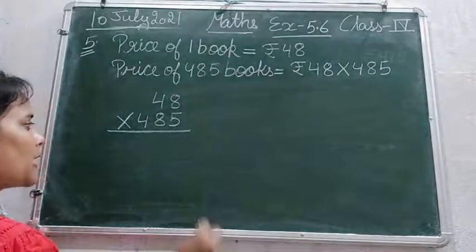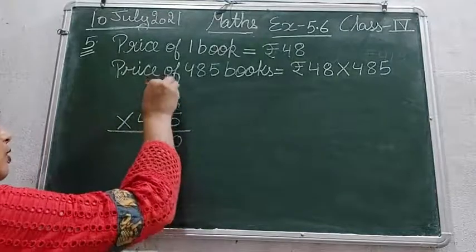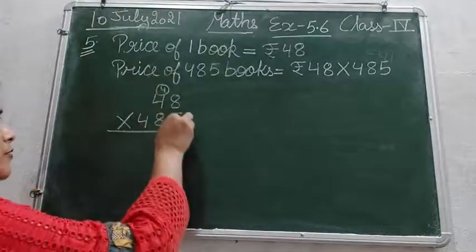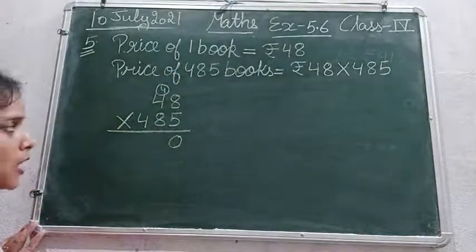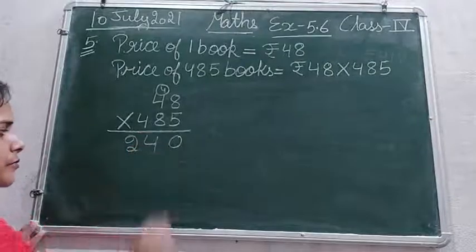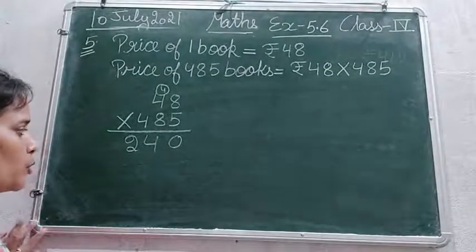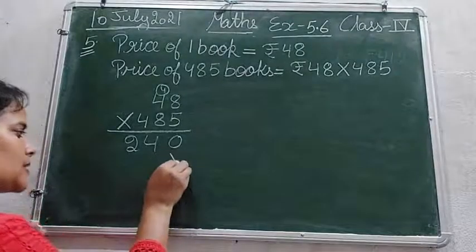So let's multiply. 5 8s are 40, 0, 4 will be carried above. 5 4s are 20 plus 4, this is 24. Okay, so after multiplying 5 with 48, we got 240. Next, the second step.